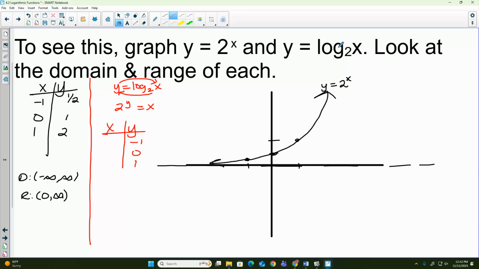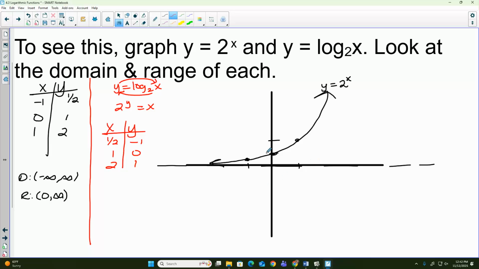So then, if we did 2 to the negative 1 power, we get 1/2. 2 to the 0 is 1. And 2 to the first is 2.